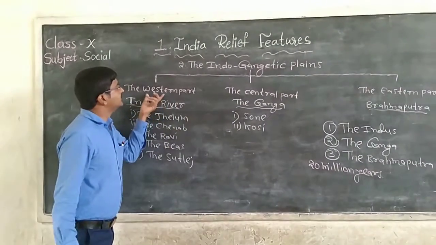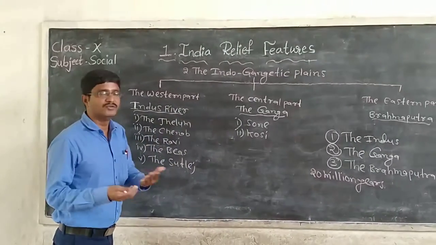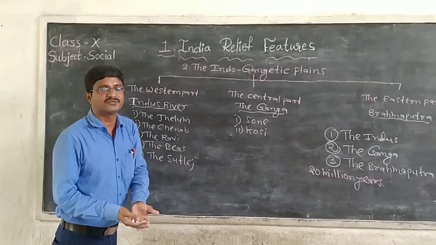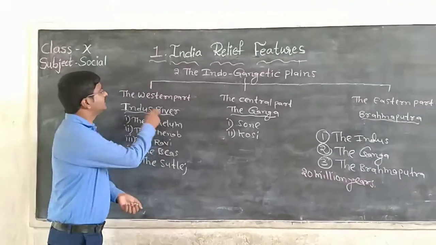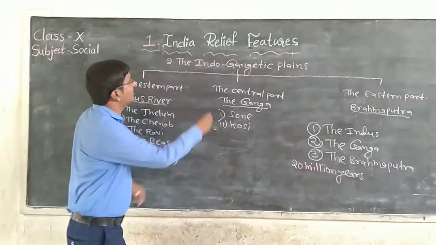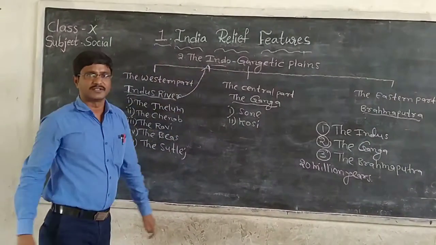That is why the western part is also called Indus plain. Indo means Indus River. It was formed because of the Indus River.